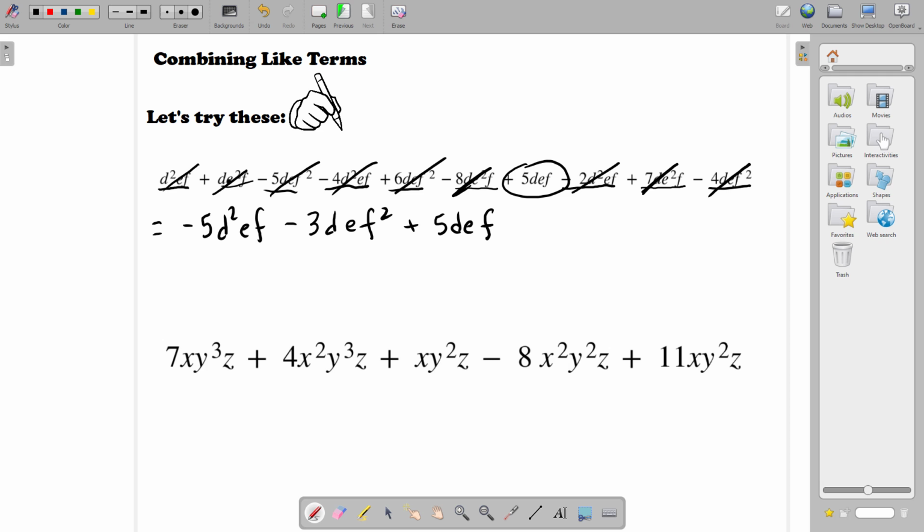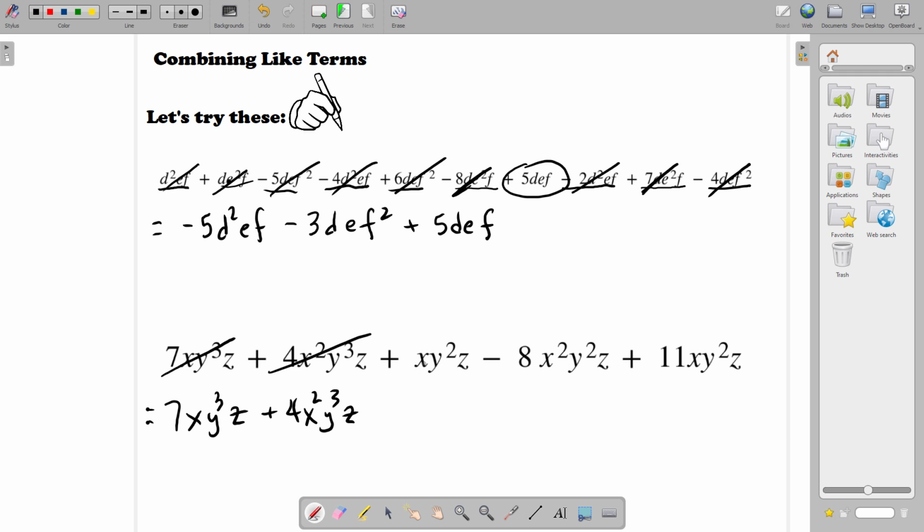Let's take a look at this last one here. I've got an xy cubed z. Let's see if I've got another xy cubed z. I do not. So I'm going to go ahead and write that one. Then I have an x squared y cubed z. I do not have any other x squared y cubed z terms.